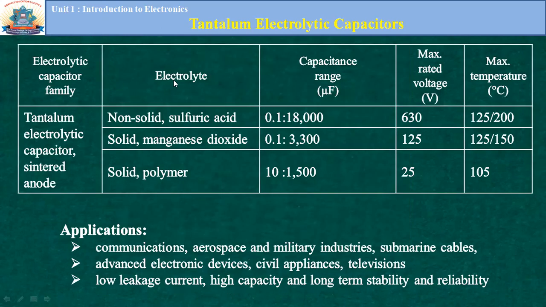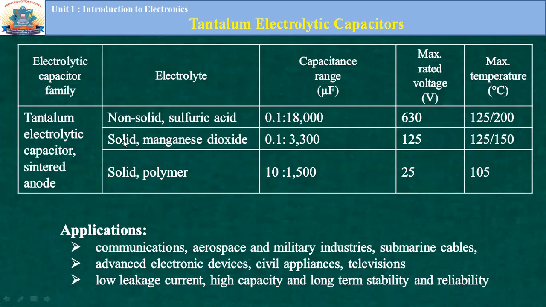Specifications: when we are using a non-solid electrolyte like sulfuric acid, we get a capacitance of 0.1 to 80,000 microfarad and an operating voltage up to 630 volts. At higher power applications, this type of capacitor can be used. The maximum temperature it can withstand is up to 200 degrees Celsius.